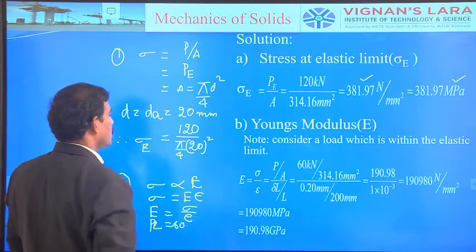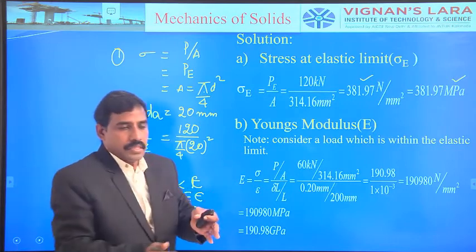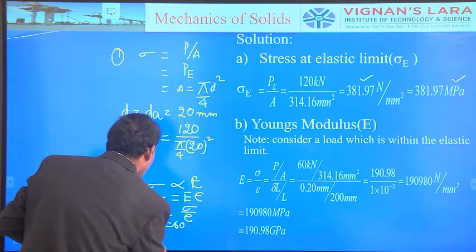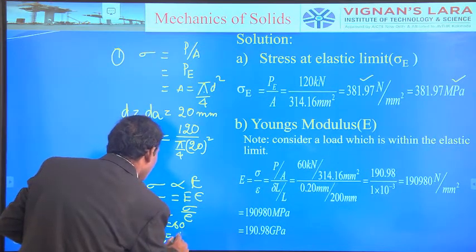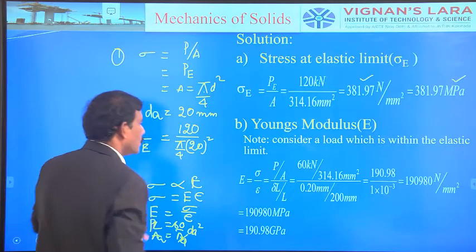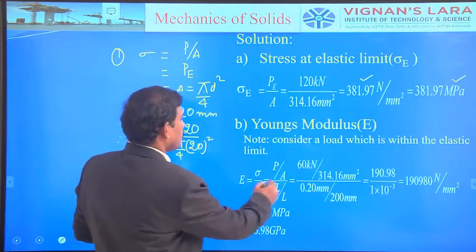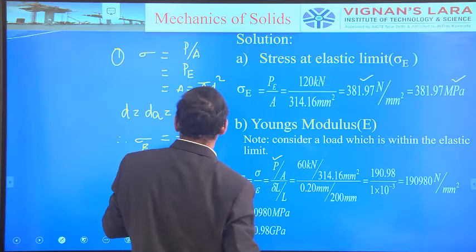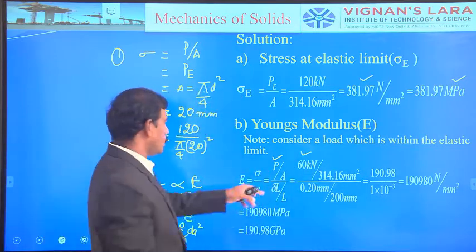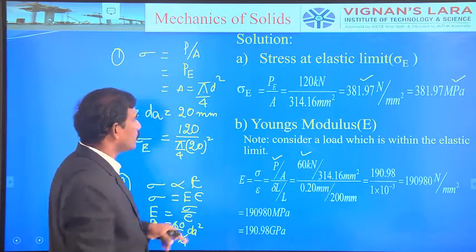What is the cross sectional area? Up to the limit of proportionality there is no change in diameter. It means the area is actual, that is equal to pi by 4 d A square. From that we can calculate, where P is equal to PL, which is equal to 60 kilonewtons, and area is equal to pi by 4 d square.